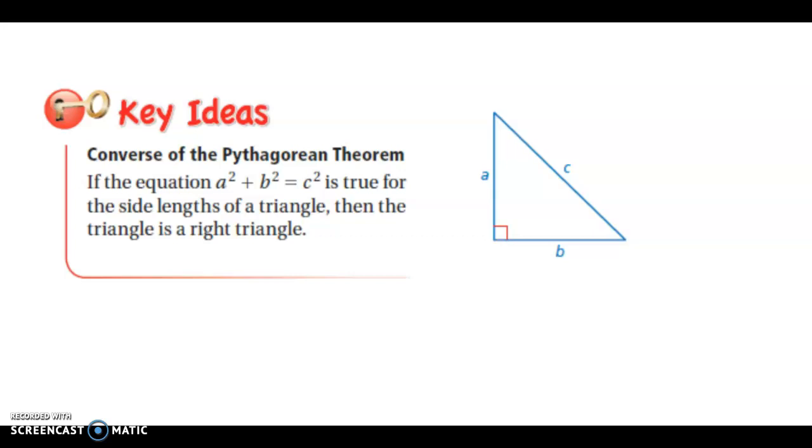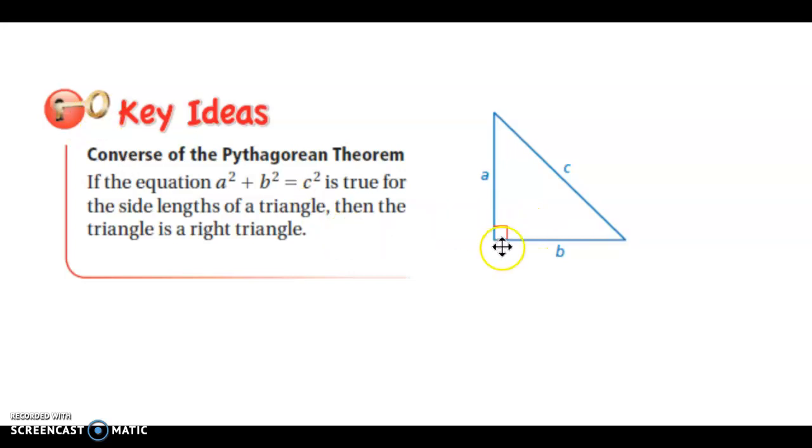One of them is called the converse, right? And the converse is just kind of an opposite, right? It's a turning it around. So in the Pythagorean theorem, it says, if I have a right triangle, then a squared plus b squared equals c squared. If I turn that around, like I look at it in a mirror, it says, well, if a squared plus b squared equals c squared, then this has to be a right triangle.